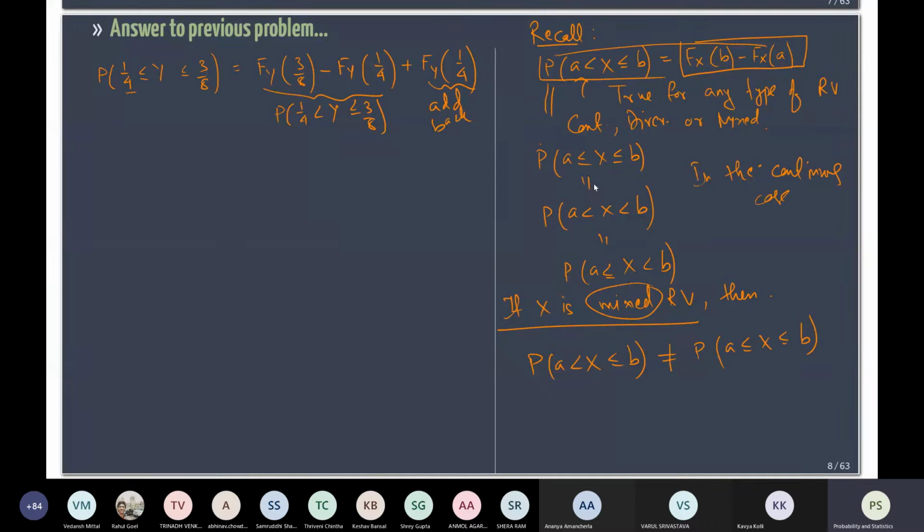I leave it up to you to verify which other cases are not going to be equal. In particular, what I'm claiming is that if there was indeed a jump at a, then it is risky to just keep this. You have to add back the a part here. So this is what we have done here. We add back because Y is a discrete random variable.